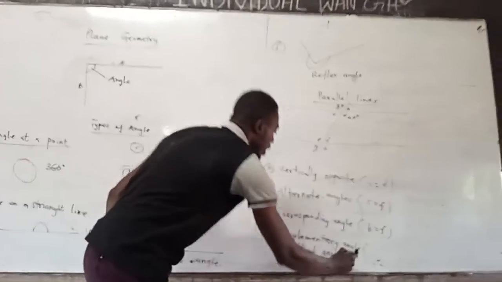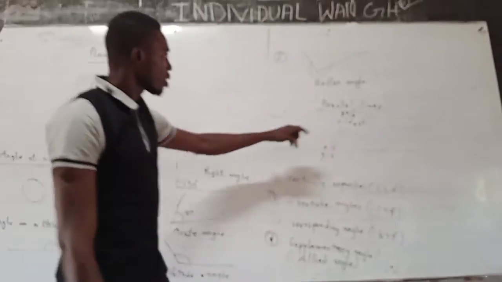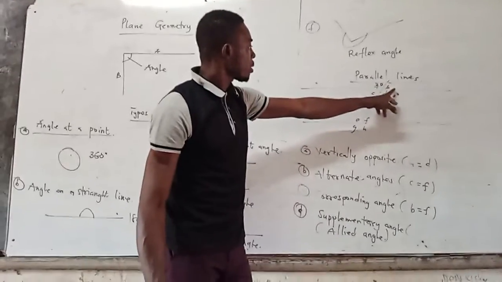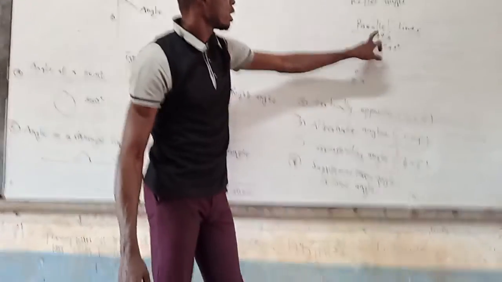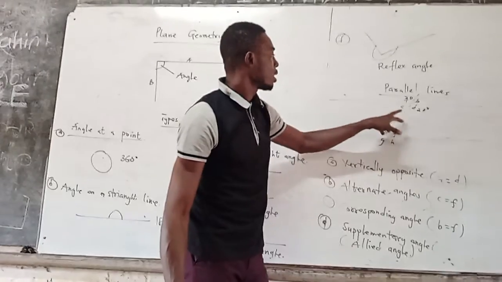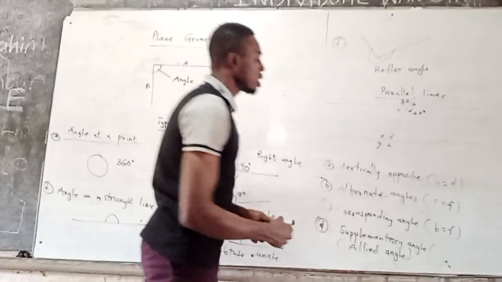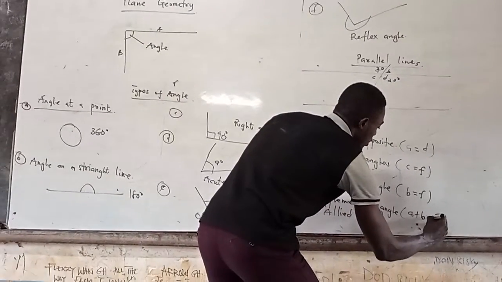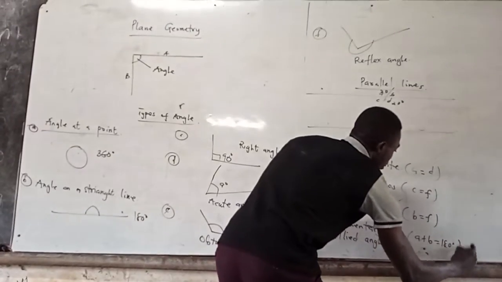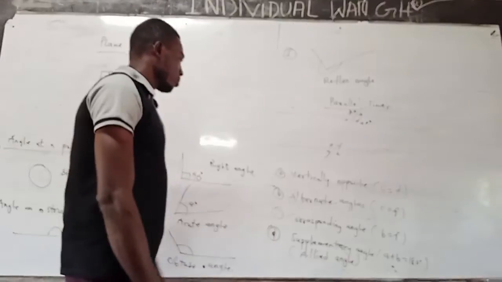So anytime you don't see supplementary and you find linear angle, it is the same as supplementary. Critically, we can see that B and D are on a straight line. A and B are on a straight line. A and C are on a straight line. C and D are on a straight line. So we can just write one: A plus B should be equal to 180 degrees. That is the supplementary angles.